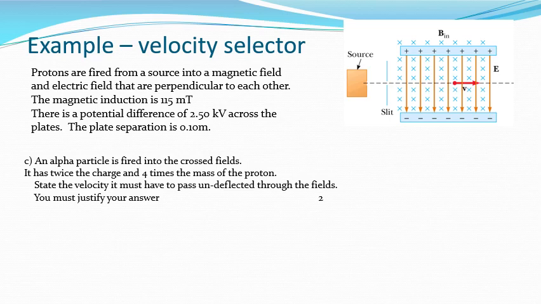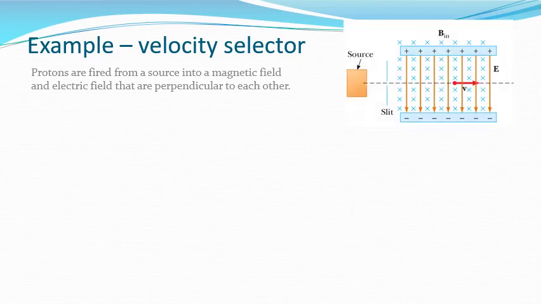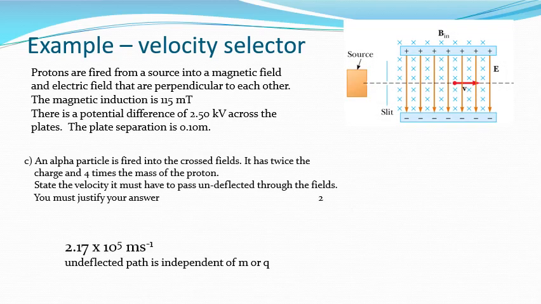Neither of those have changed, so it will have no effect upon that at all. The velocity that we will need will be the same as the one that we worked out earlier, 2.17 times 10 to the 5 meters per second, because it doesn't make a difference that the mass has changed or the charge has changed.